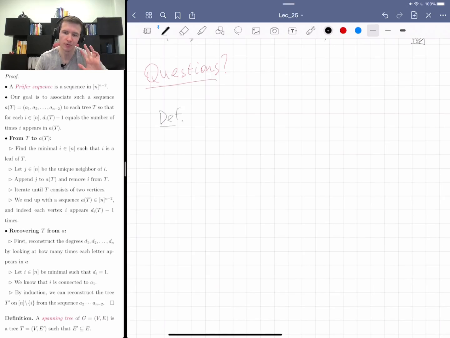generalize trees. So far, I'm only looking at trees on bracket n, and I want to generalize to subtrees of an arbitrary graph.